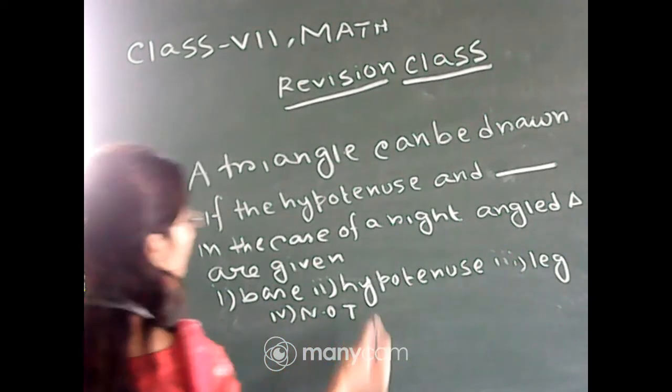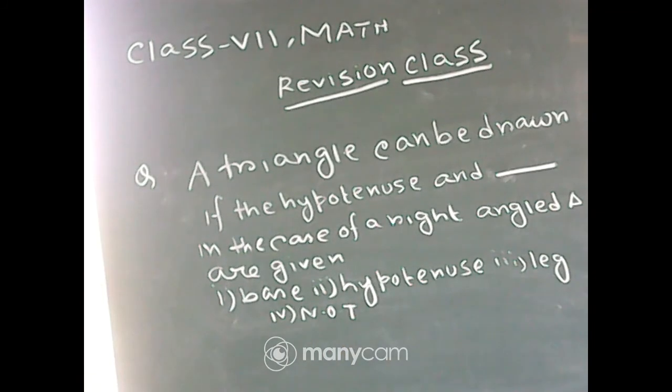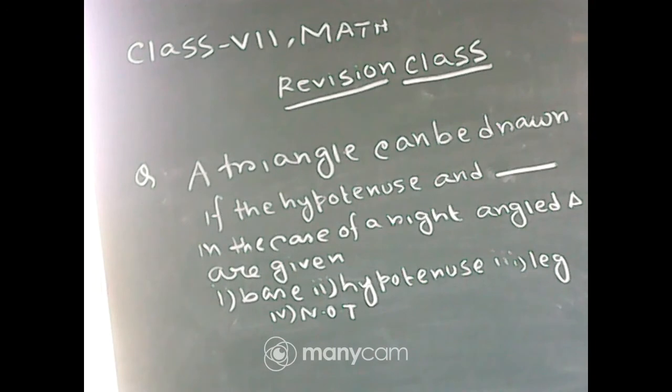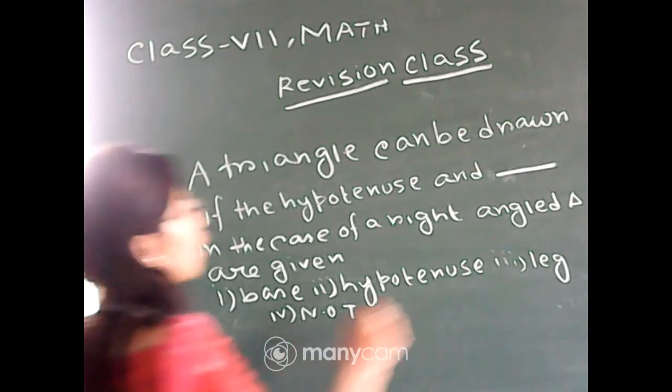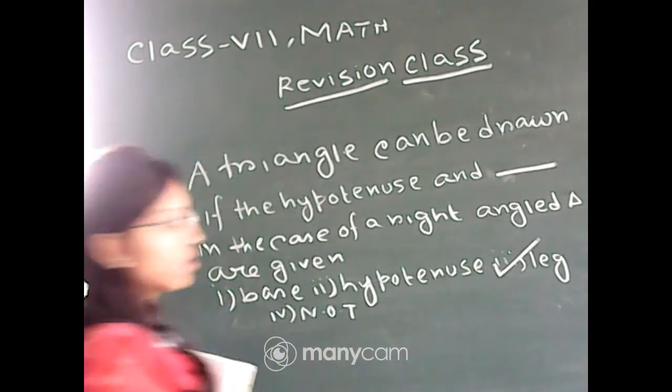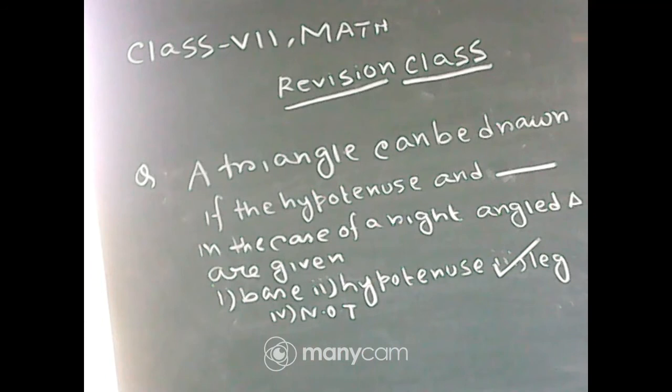Recall the RHS criterion. A triangle can be drawn if the hypotenuse and a leg in the case of a right angle triangle are given. So option 3 is the correct answer. Yes, leg is the correct answer.